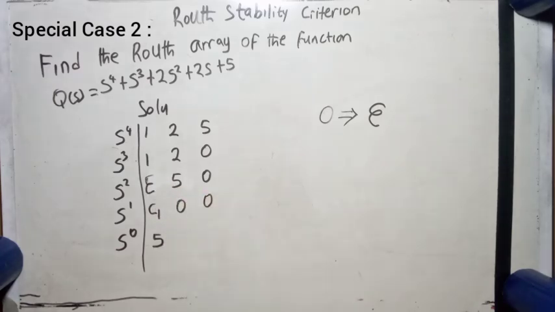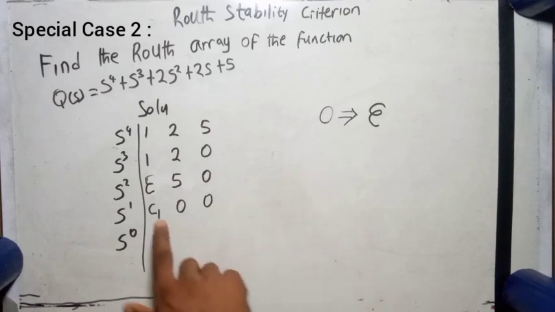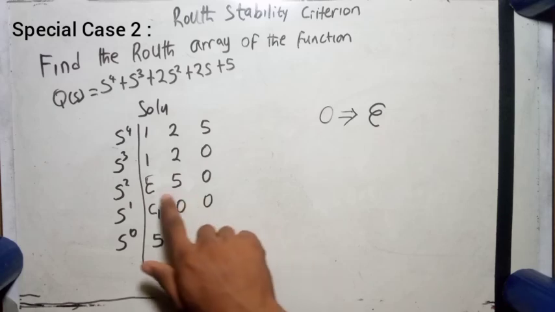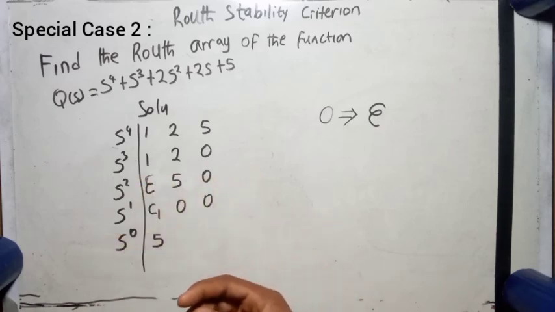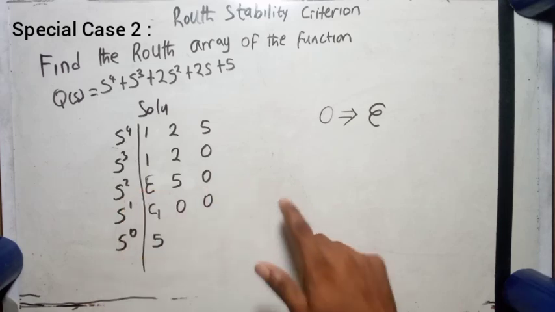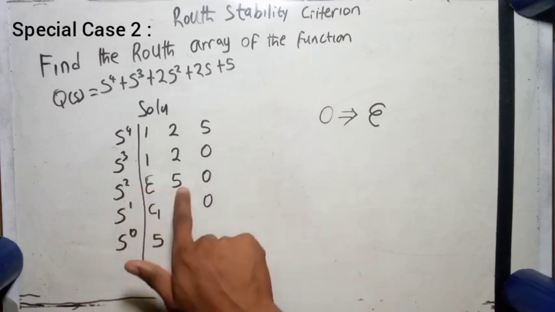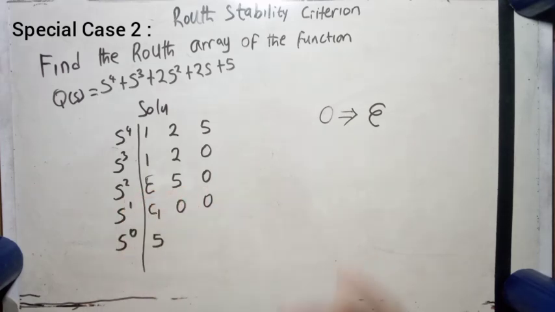Remember, this only works when at least one of the values on that row is a number. In the first case, the entire row was 0, but in this case, we're having 0 and 5. So we treat it in a different way.